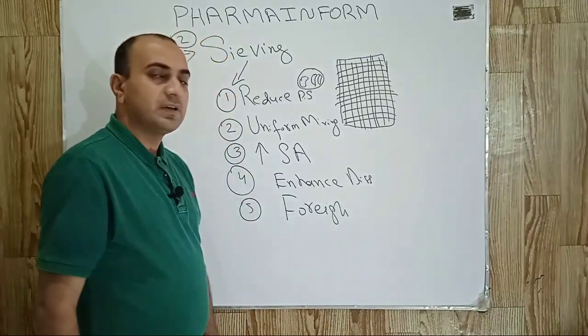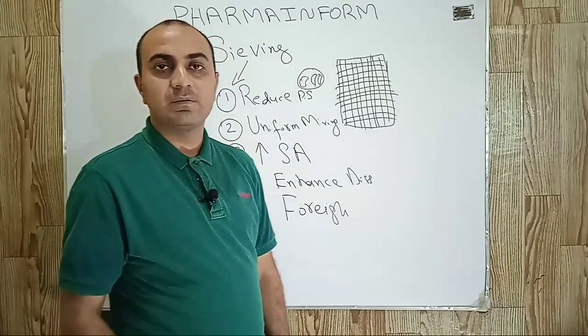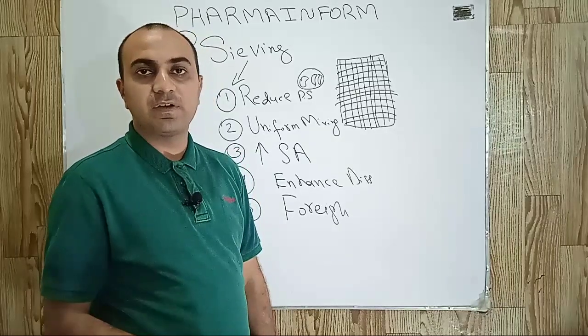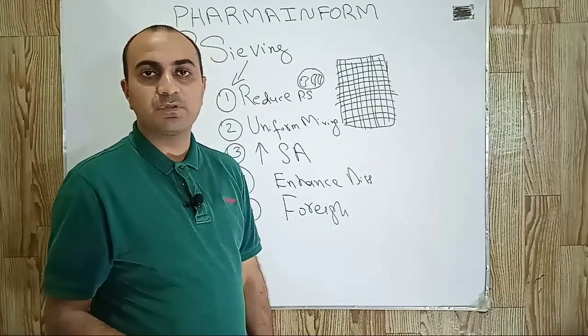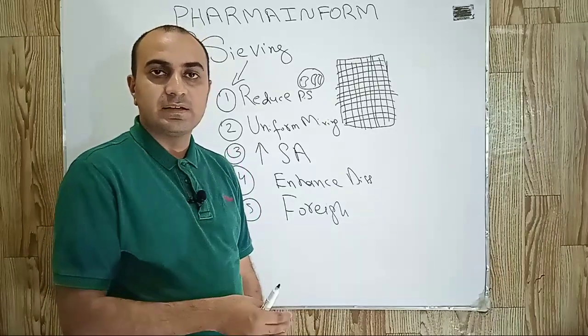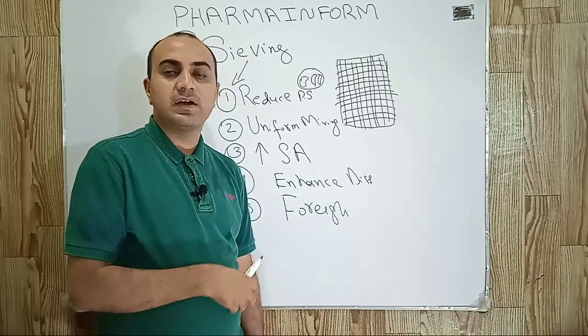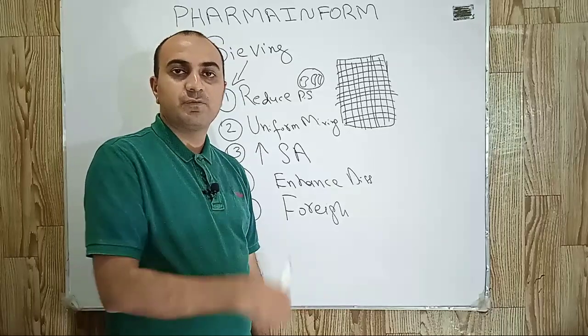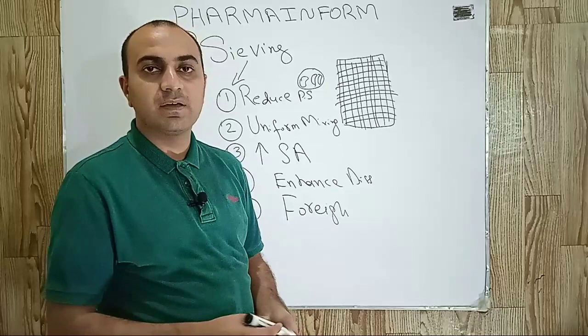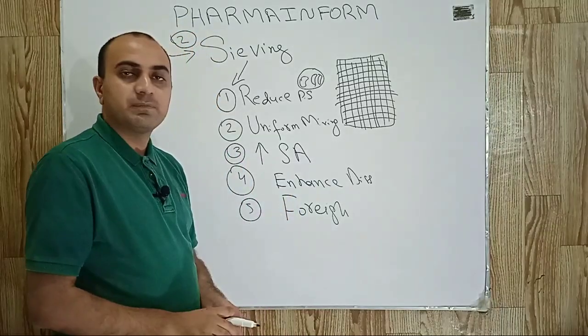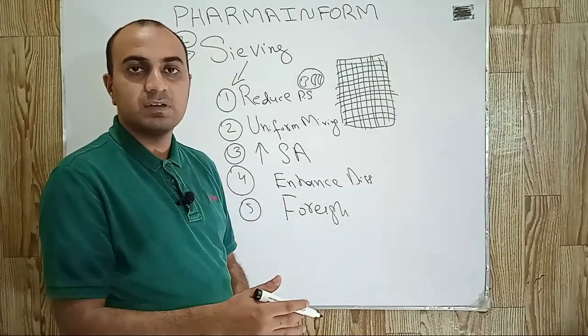And one more thing, sometimes during the sieving process we can easily identify any undesirable particles like black spots if we have any in our excipients. So we can highlight the presence of black spots to the quality assurance department, and later the nature of those particles may be assessed.